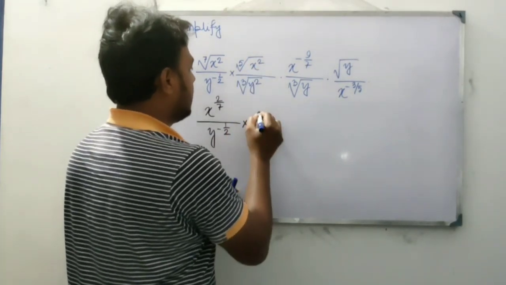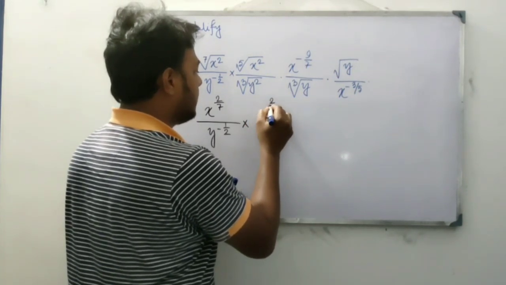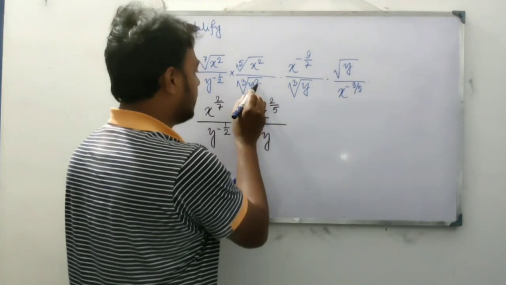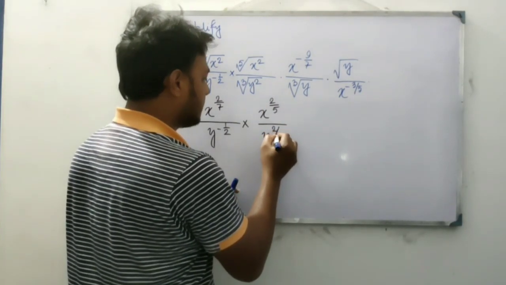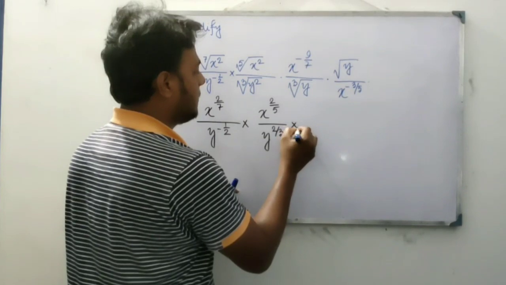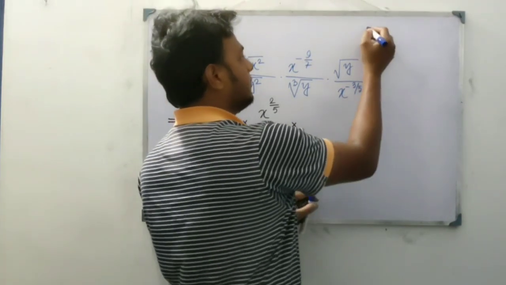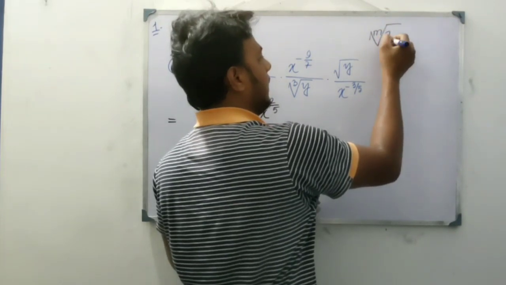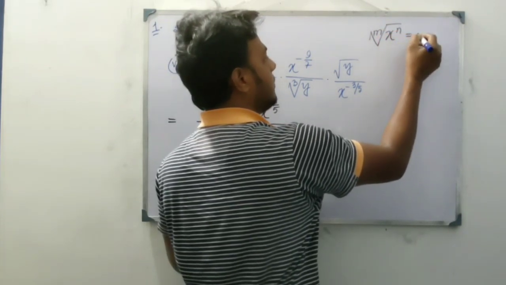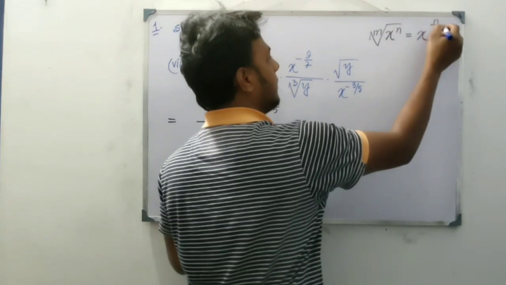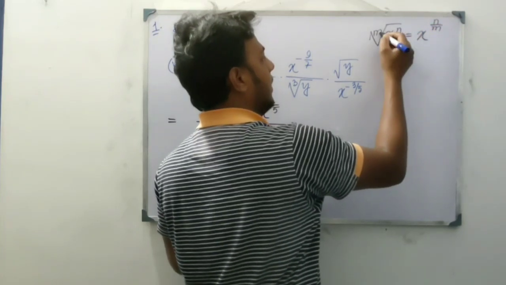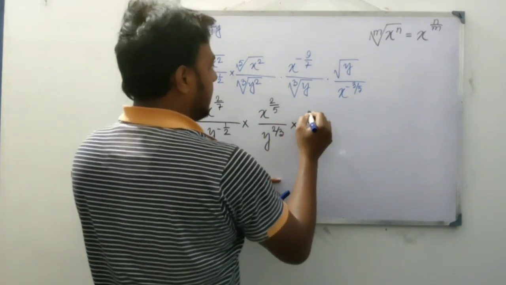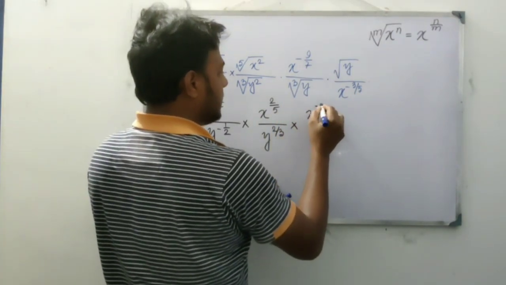So this one will be x to the power 2 by 5 and the denominator will be y to the power 2 by 3, into, we are using this law, the mth root of x to the power n equals x to the power n by m. Next, x to the power minus 9 by 7 is there, keep it unchanged.